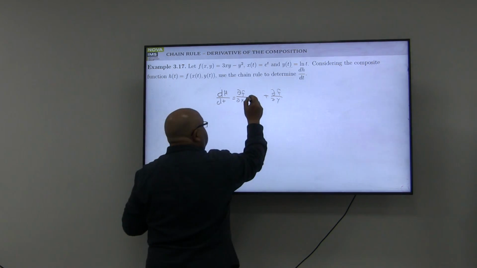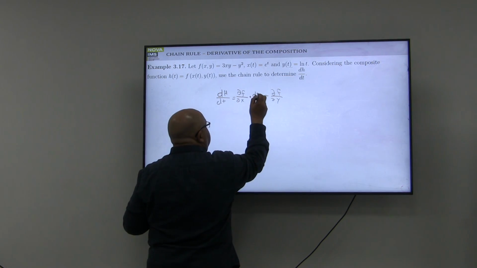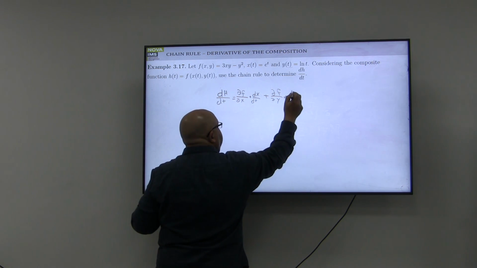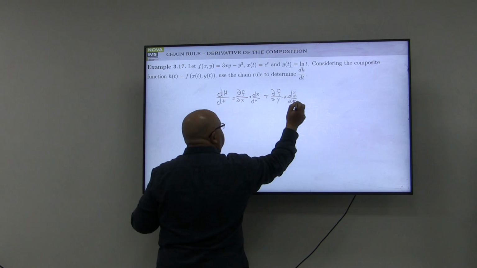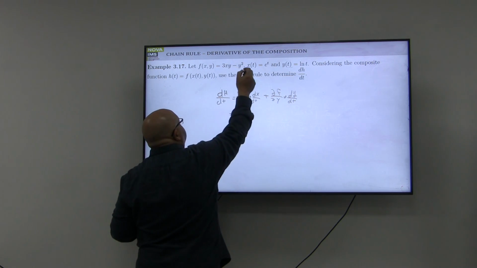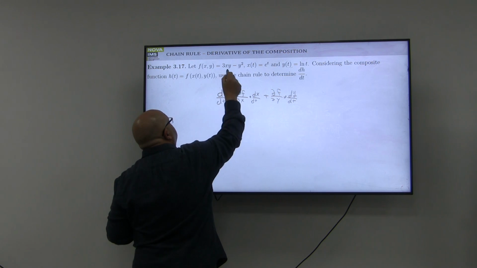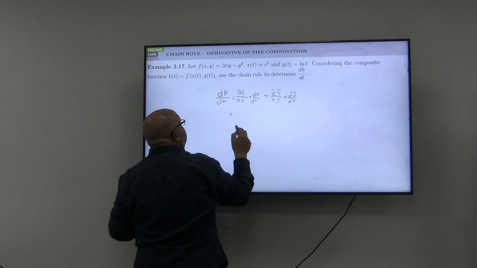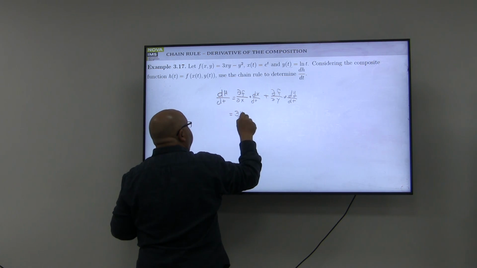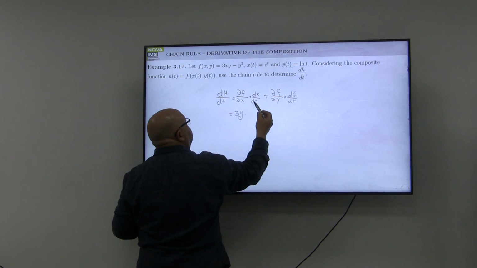Then I will multiply by dx by dt, then multiply by dy by dt. So simply, if we start differentiating f with respect to x, only the first part will be differentiated. It's going to lead to 3 times y, then times dx by dt.